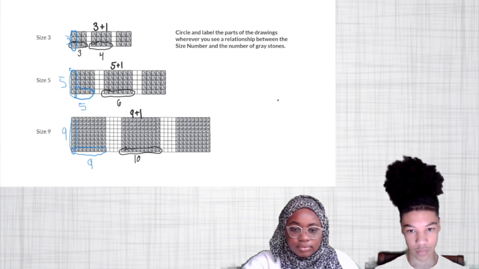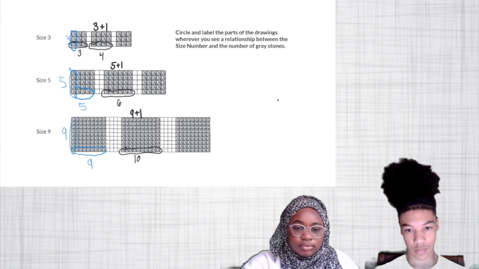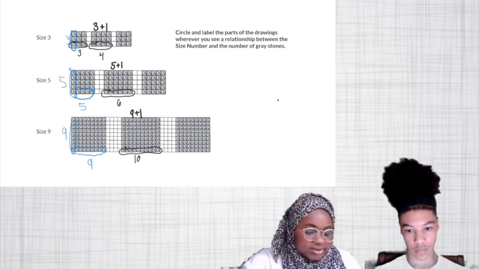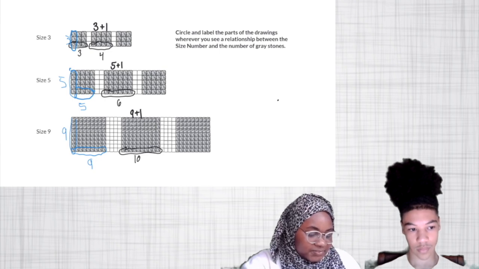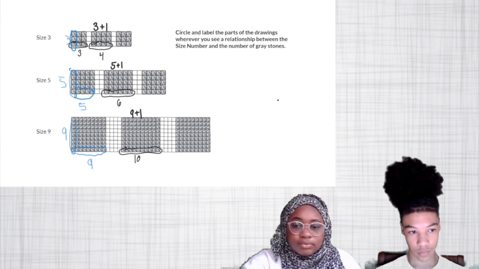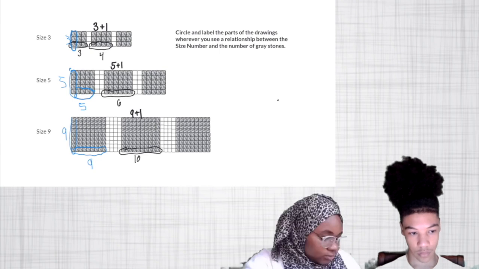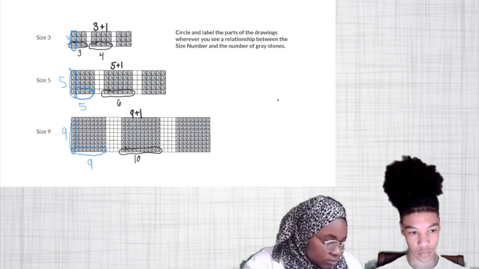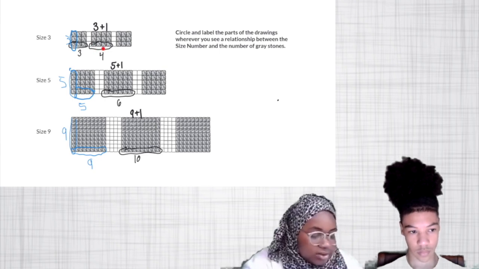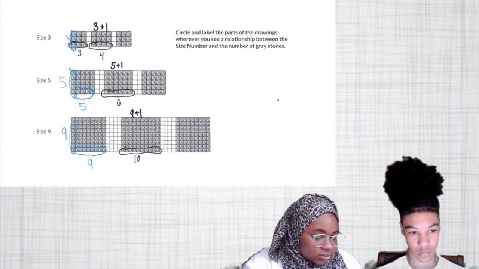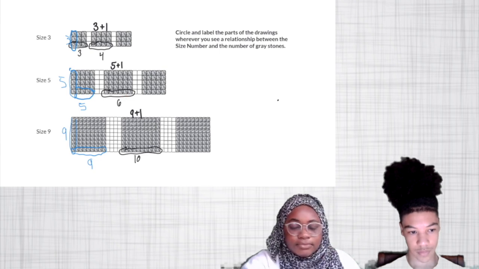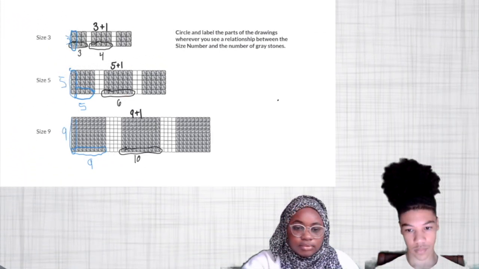That's a cool idea. So Haleemah, what do you think of that? I think that's really interesting. Could you use your laser pointer and point to where he sees 3 stones and then 1 stone, the 3 plus 1? Yeah, so I guess this is the 3, and then this extra tile right here. What do you think, ET? Is that how you saw it? Yes. Cool. I agree with Haleemah.